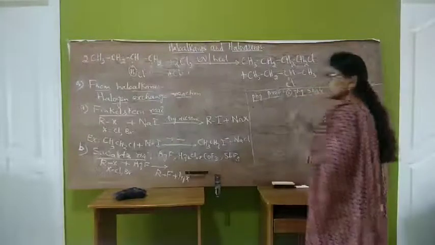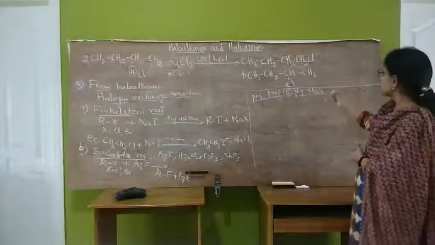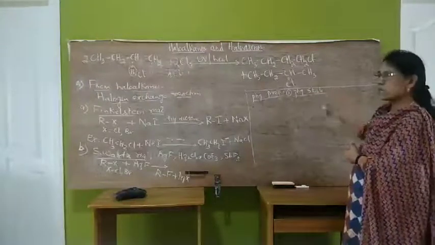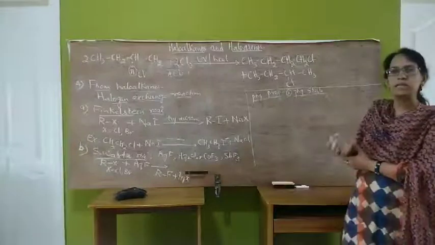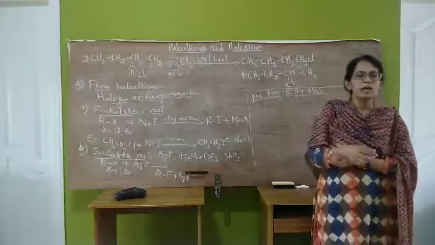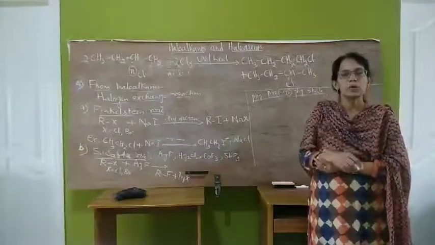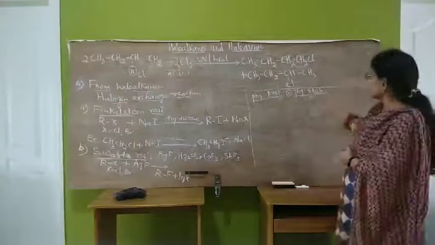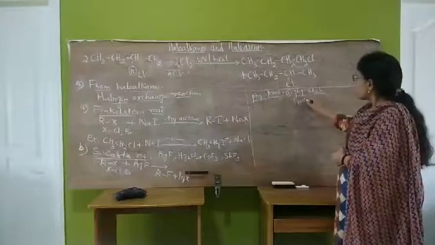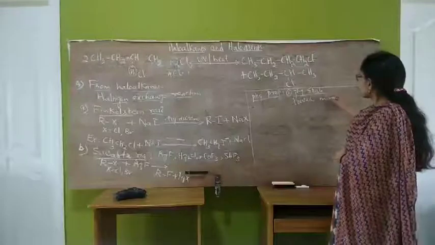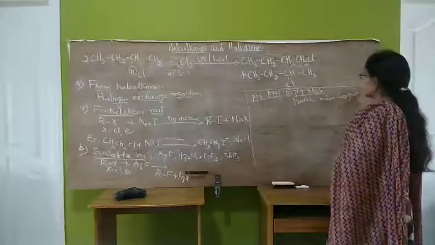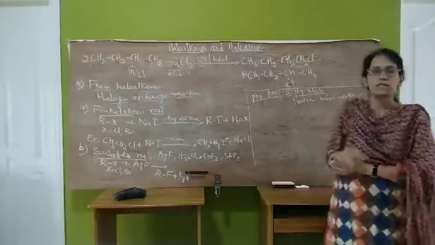See, lower members of haloalkanes, that is haloalkanes containing one or two carbon atoms like methyl chloride, methyl bromide, ethyl chloride, they are gases. Lower members are gases and higher members are solids or liquids.